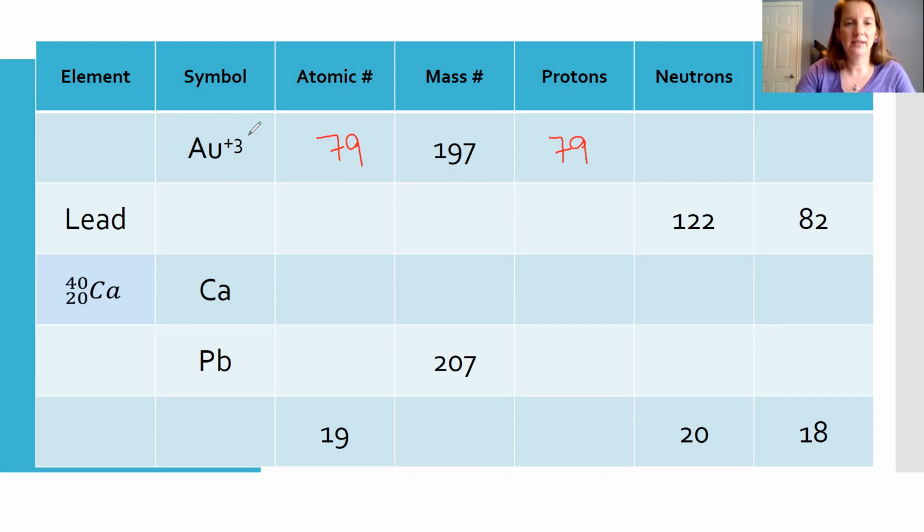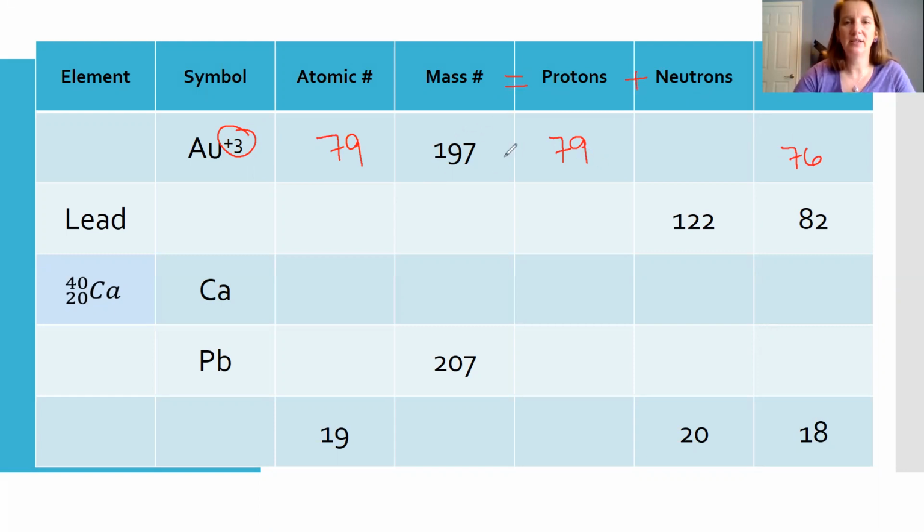Okay, this here tells us that the protons and electrons are not the same. A +3 means that it lost electrons, so our electrons would be 76. To find our neutrons, remember the mass number is going to equal the protons plus the neutrons.